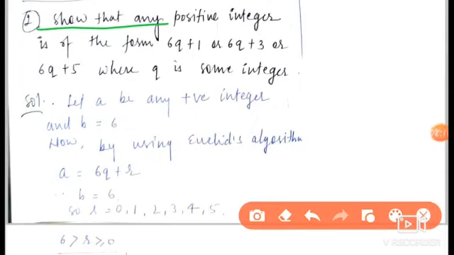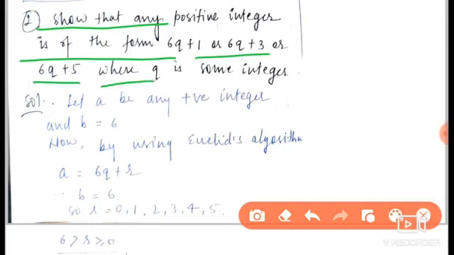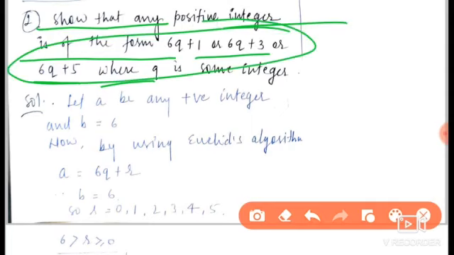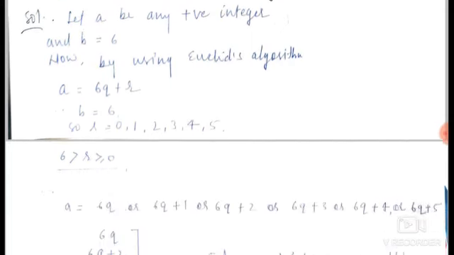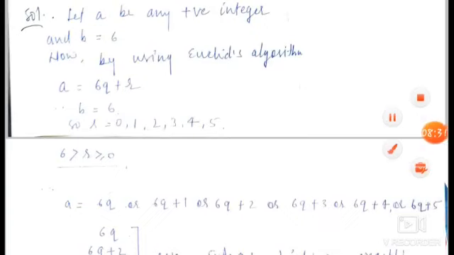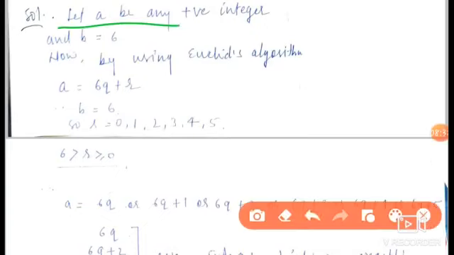Show that any positive odd integer is of the form 6q + 1, or 6q + 3, or 6q + 5, where q is some integer. We need to prove the odd integer form. Let a be any positive integer and b = 6.